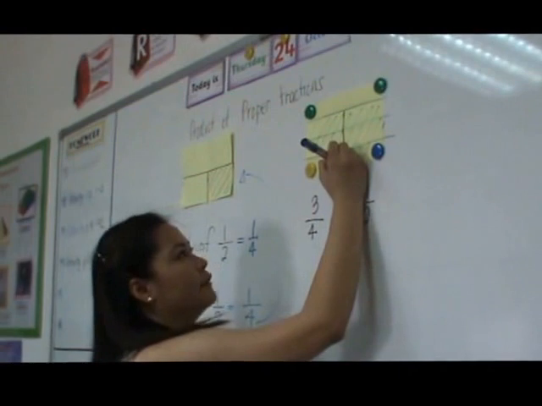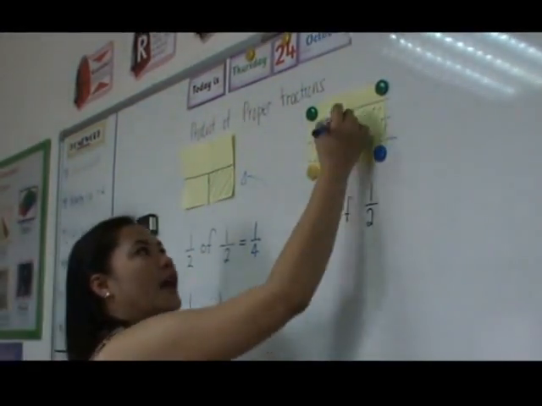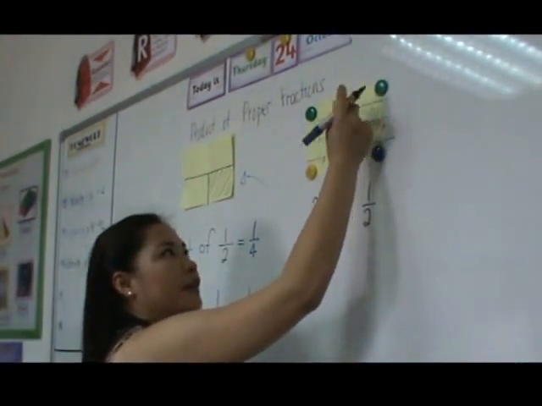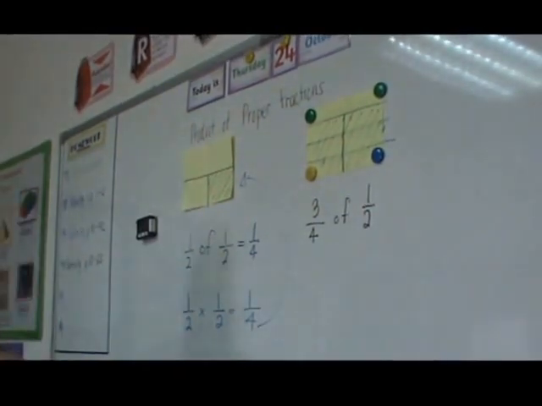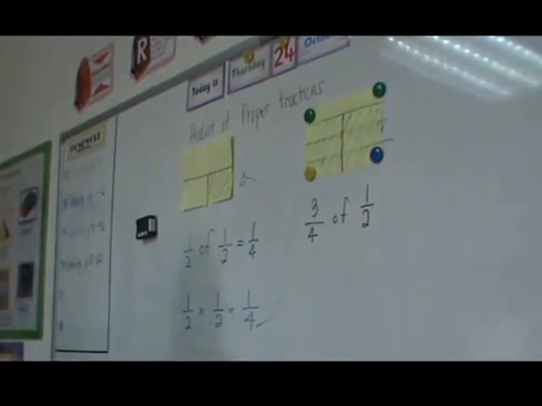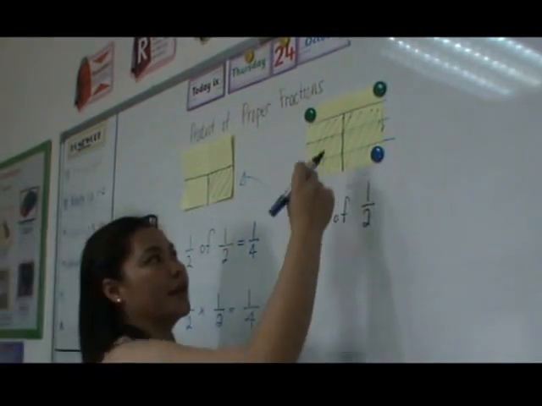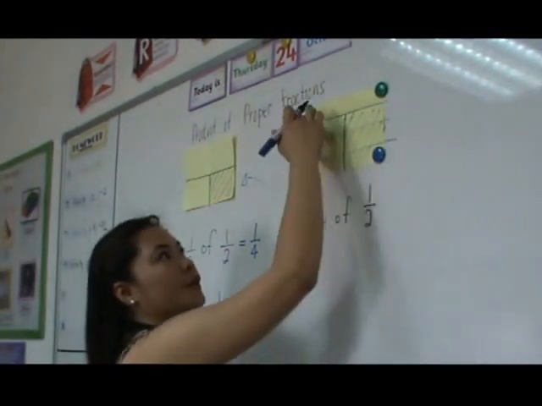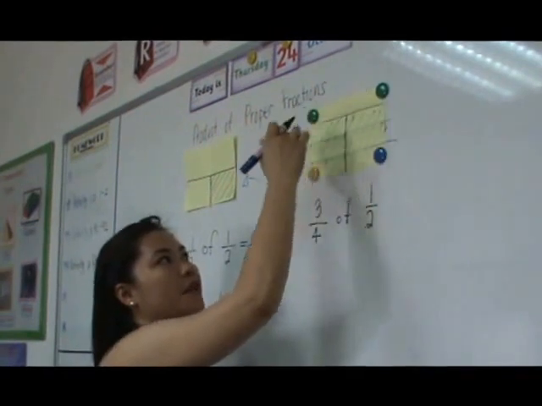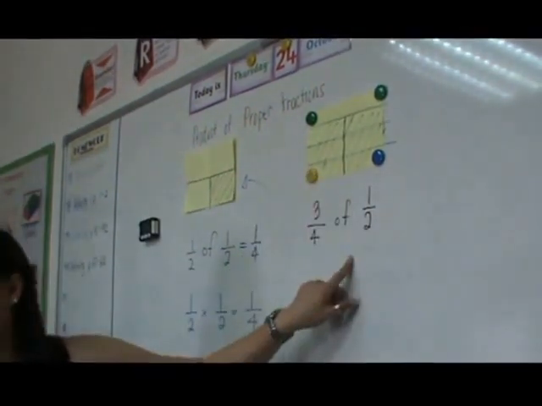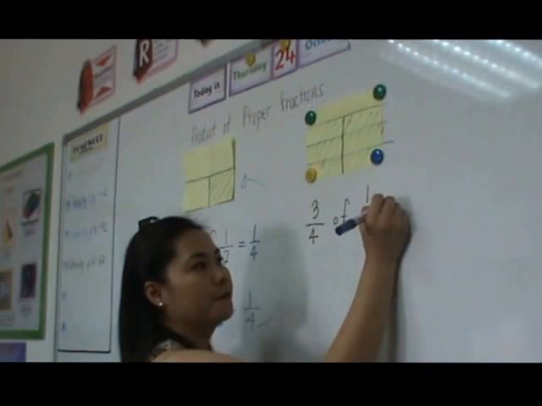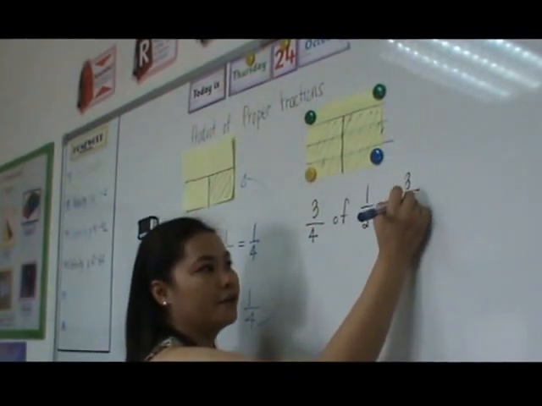If this is the half of 3 out of 4, I will color it. How many? Half of. Yes, it's 3 out of 8. Because 3 out of 4 of 1/2 is equal to 3 out of 8.